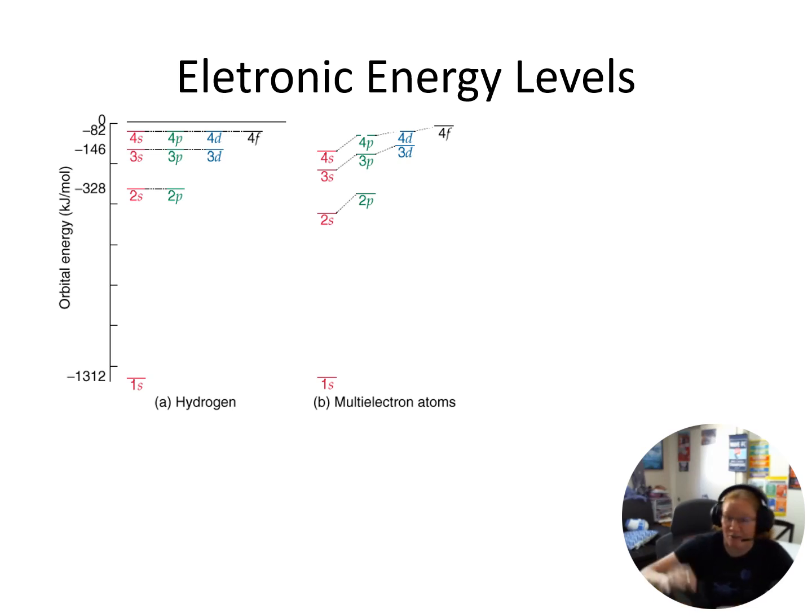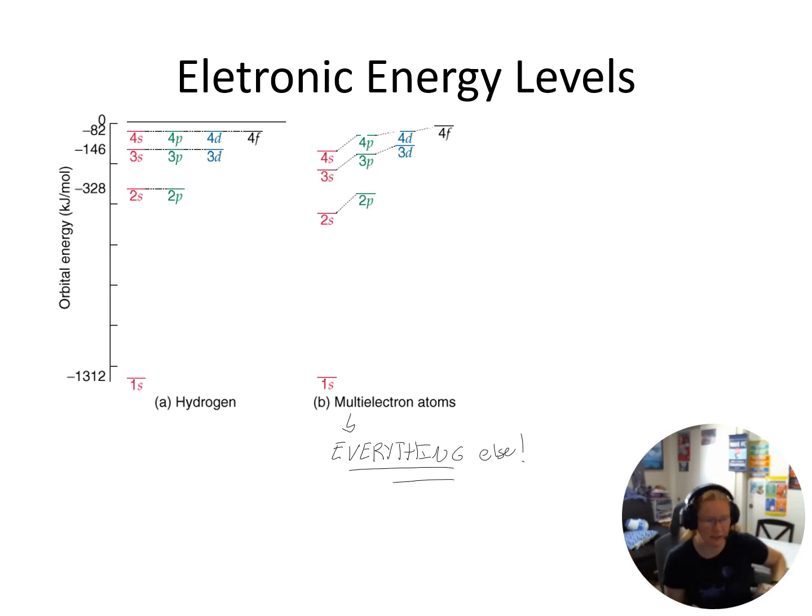As soon as I go from hydrogen to helium, I'm in a multi-electron atom. My multi-electron atoms are everything else. That's a really funky looking G. And I do mean everything else. So there's hydrogen, and then there's the rest of the periodic table.